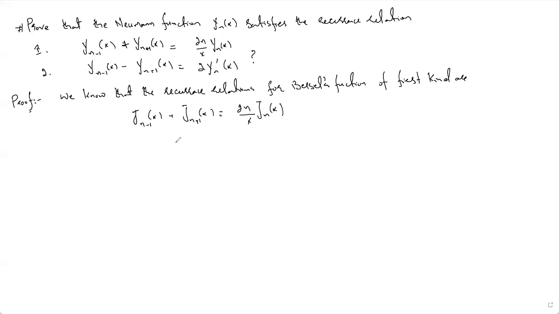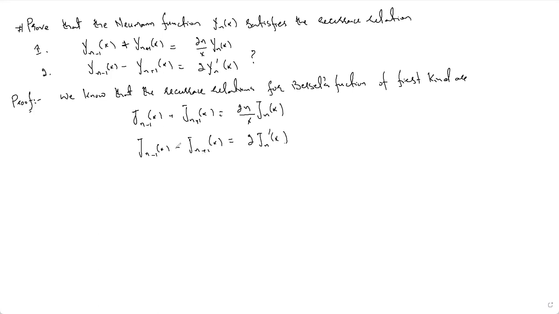If you go back to your previous lecture, you will see that we have obtained this. The next one is similar: Jn minus 1 of x minus Jn plus 1 of x is equal to twice Jn prime of x.